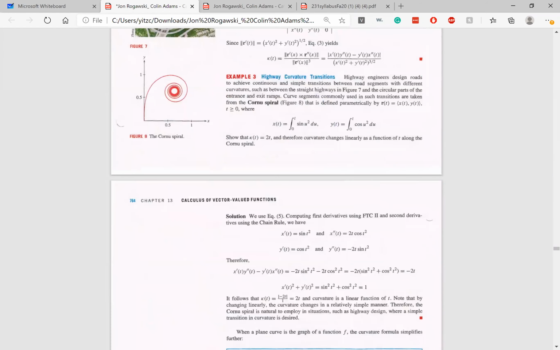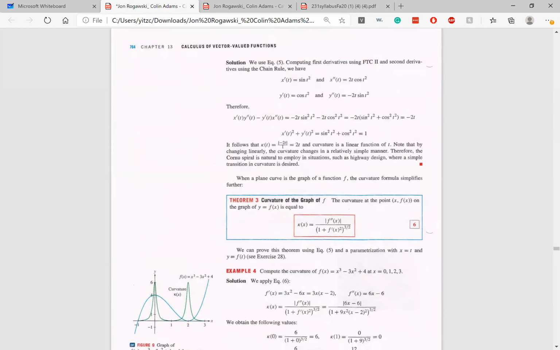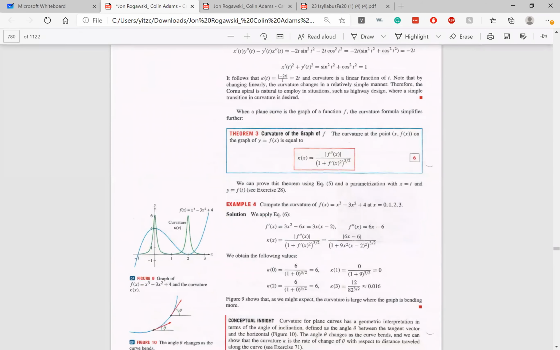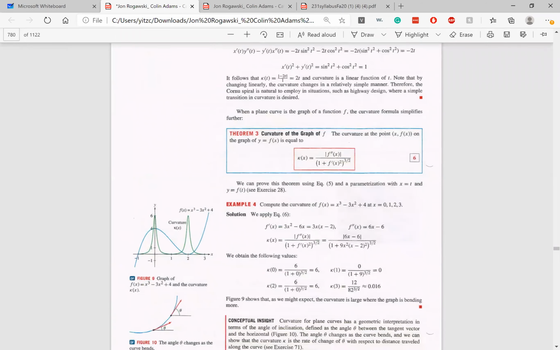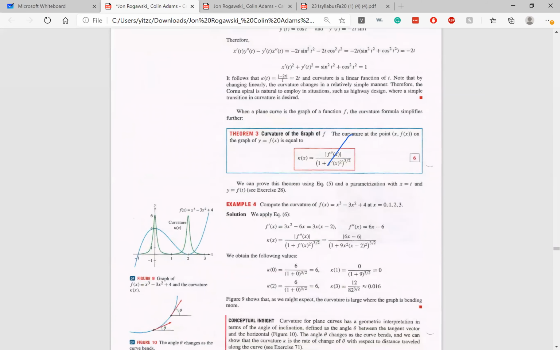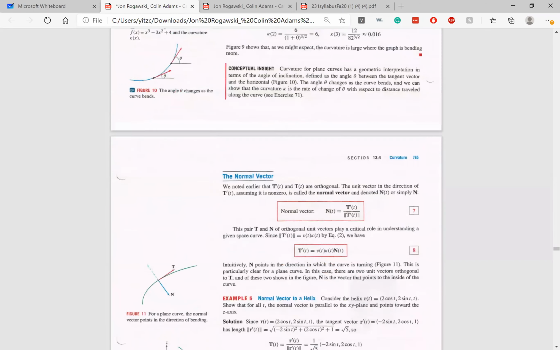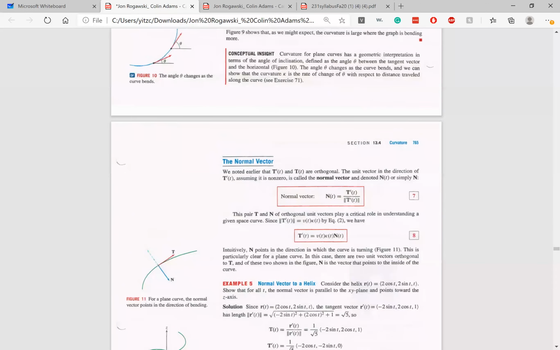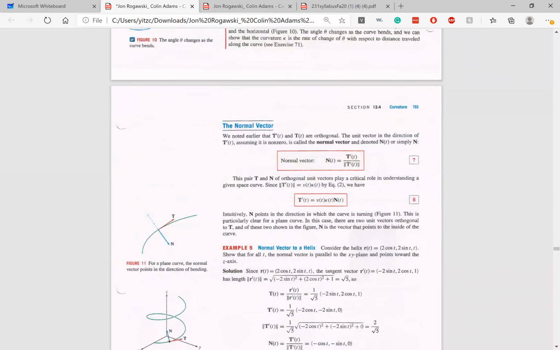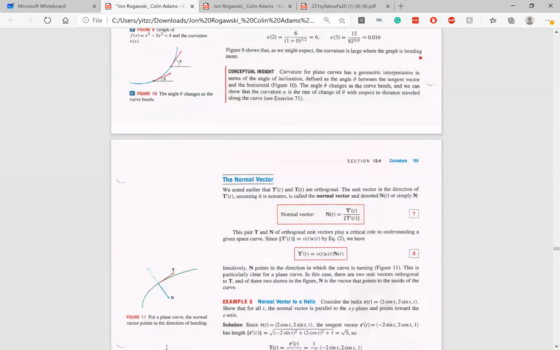And over here, they're wanting to find the curvature again of a graph of a function. Again, it's a simplification from the previous formula, so again, not important to look at this one specifically. Just look at the previous formula. Okay. So any questions about this so far?